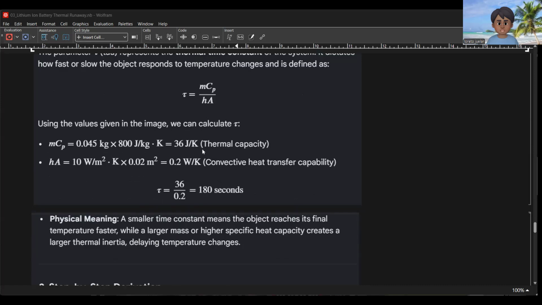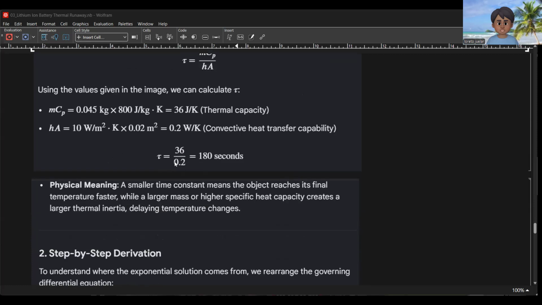The mass times the specific heat capacity product is equal to 36 joules per Kelvin, and we have the h times A, the convective coefficient times the area, which is 0.2 watts per Kelvin.